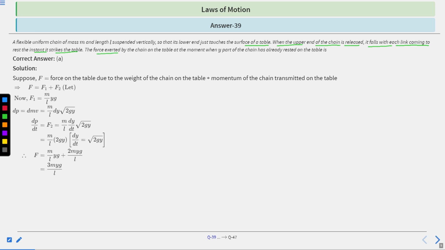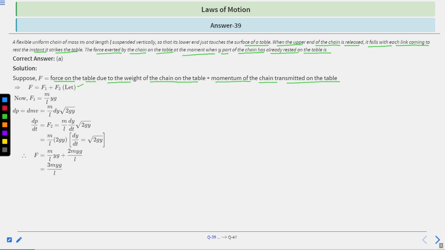The force exerted by the chain on the table at the moment when y part of the chain has already rested on the table. So the solution is: F equals the force on the table due to the weight of the chain on the table plus the momentum of the chain transmitted to the table. So total force is F1 plus F2.